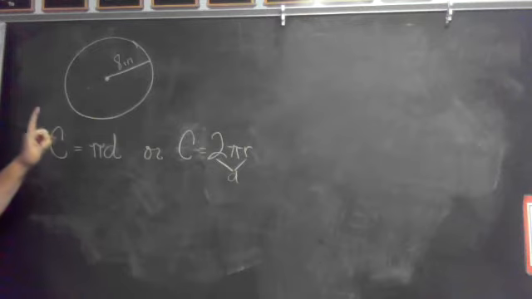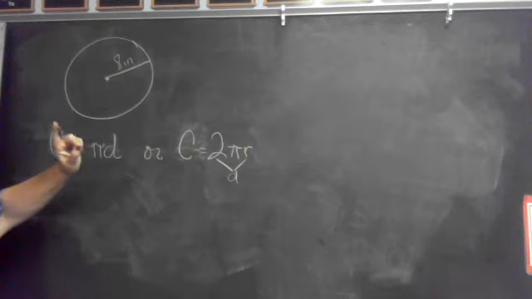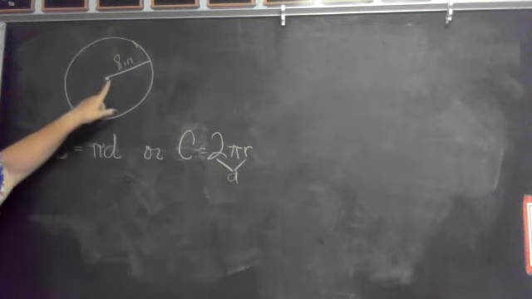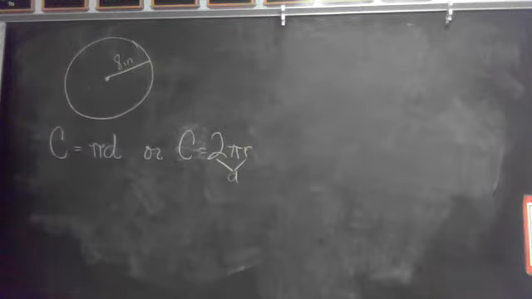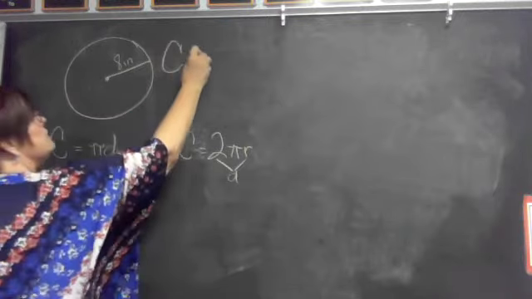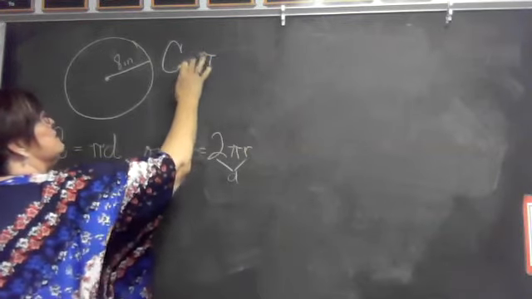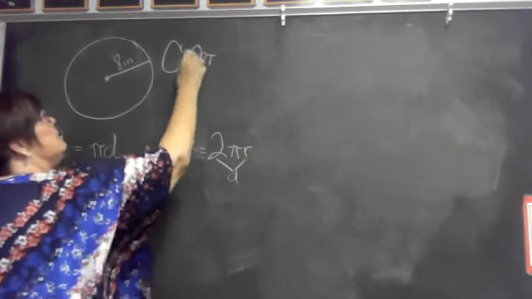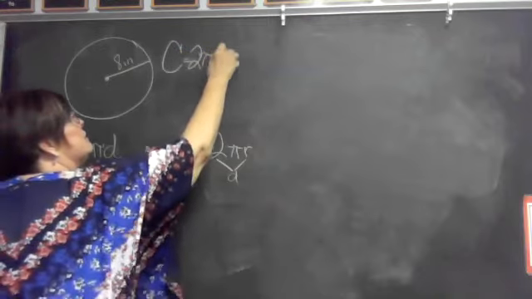In this particular problem, I want to find the circumference. So what am I given? I'm given a radius, right? So I'm going to use this formula. Circumference equals 2 times pi times r.